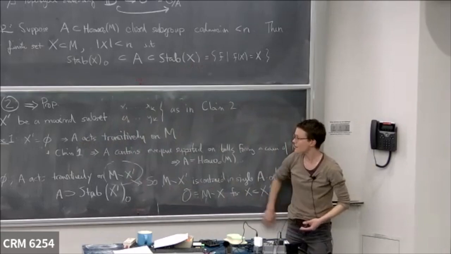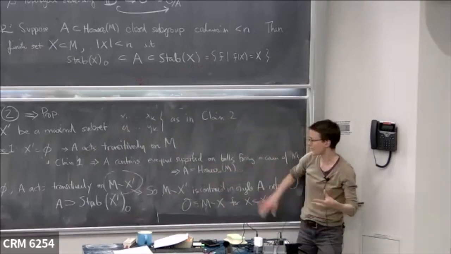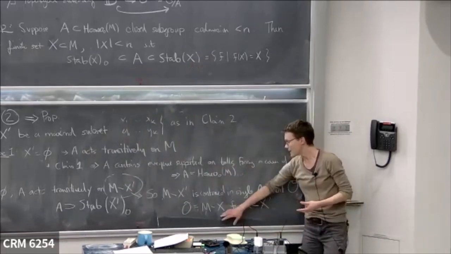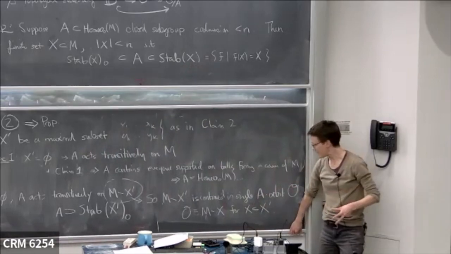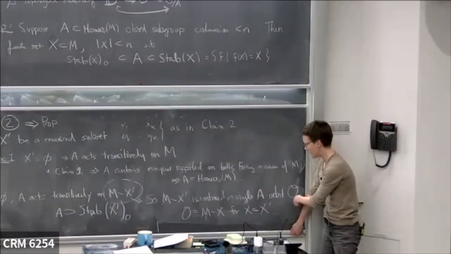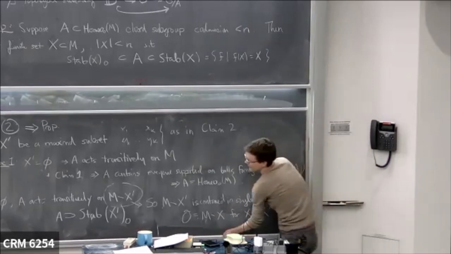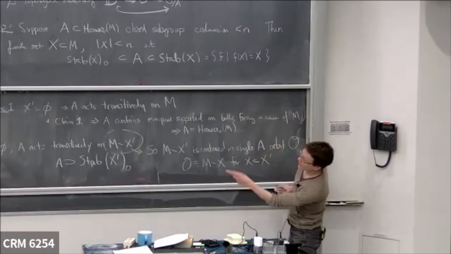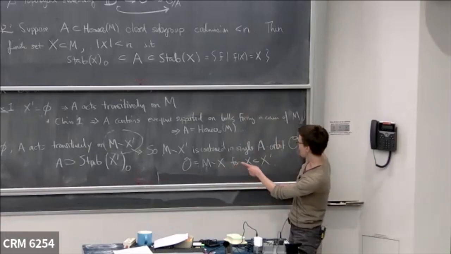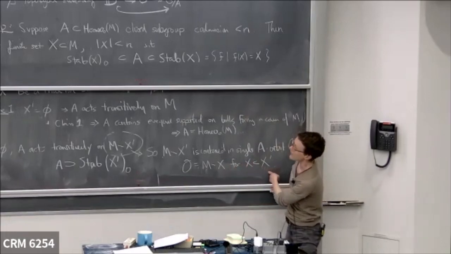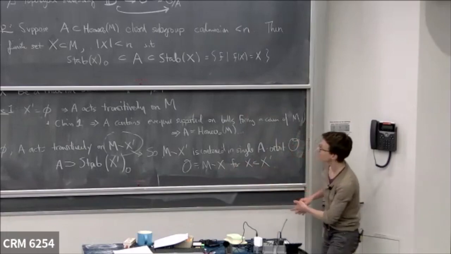I act transitively on the complement of this bigger set, and inside there's a smaller set which I stabilize setwise. And we already got the desired bound on the codimension that I think we want.